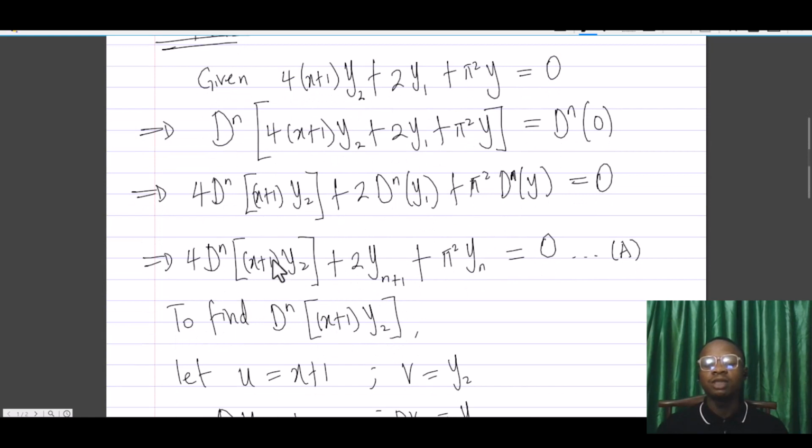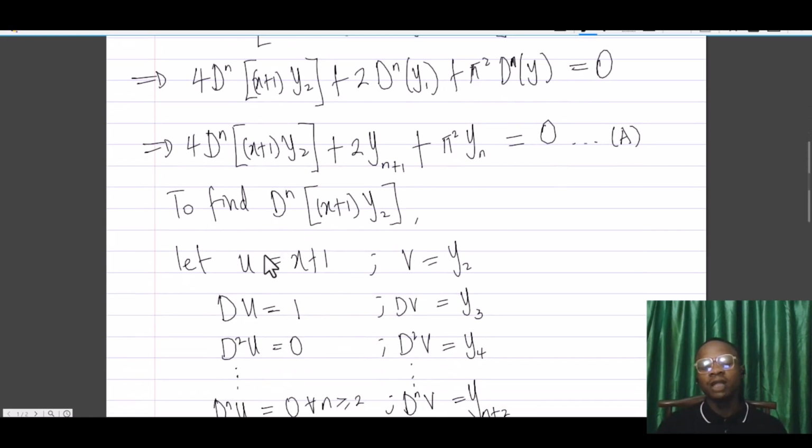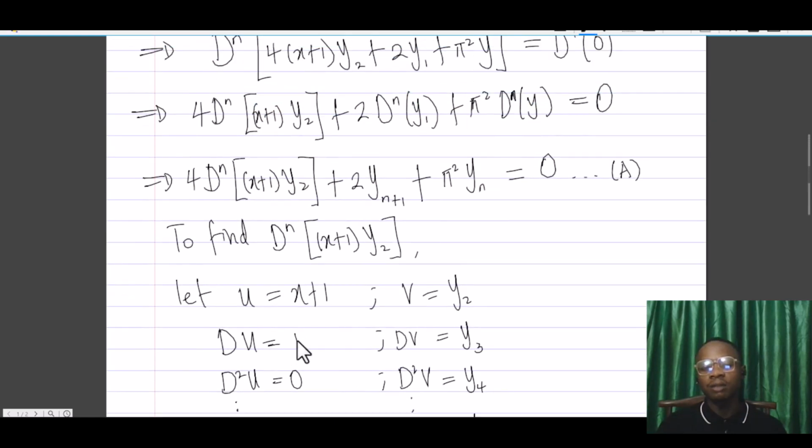For this portion, we see that it carries two functions. Y itself is a function of x, so its derivatives are also functions of x. Of course, the derivatives could be 0, but that can also be regarded as some function of x. So this is simply a product of two functions. That is why we have to take the nth derivative by using the Leibniz formula. So that's why the Leibniz formula was applicable there.